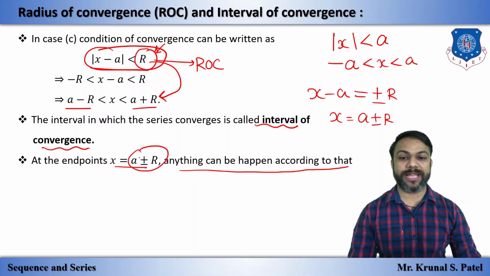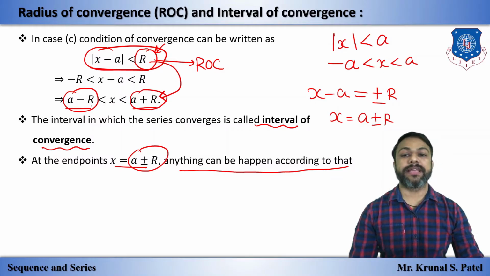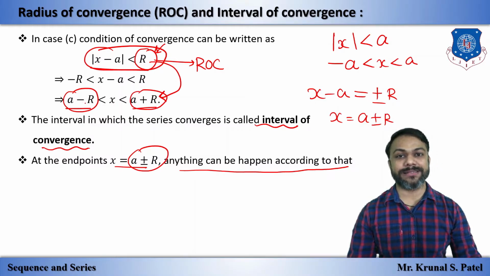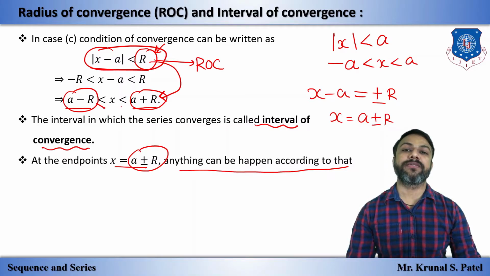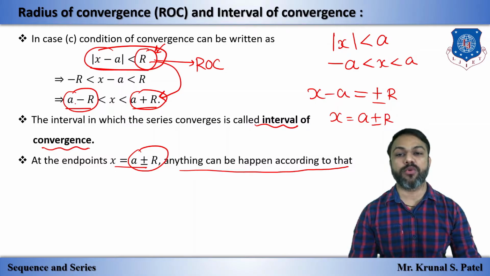At x equal to a plus R it may be convergent or divergent, and likewise at a minus R. If at a minus R it is convergent, then we will put an equal sign there, and if at a plus R it is convergent, we will put an equal sign there. And if the given series is divergent at both values, we will not put an equal sign.